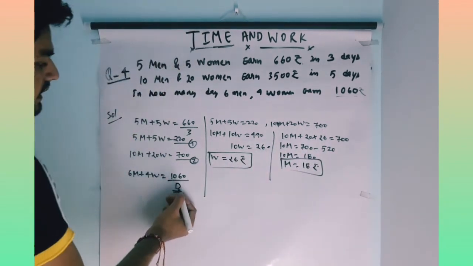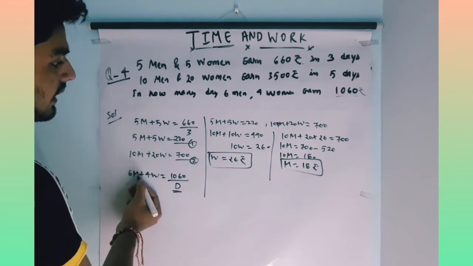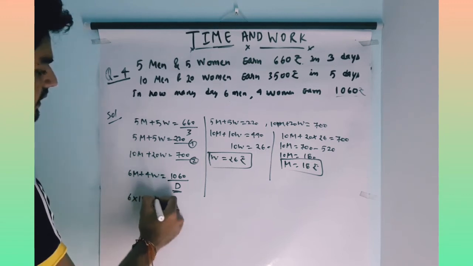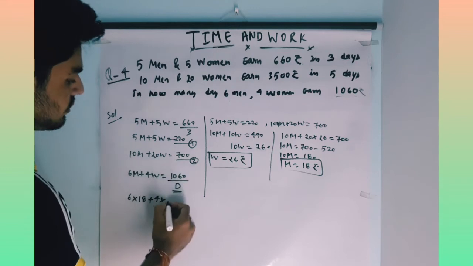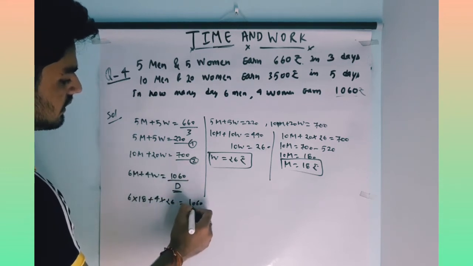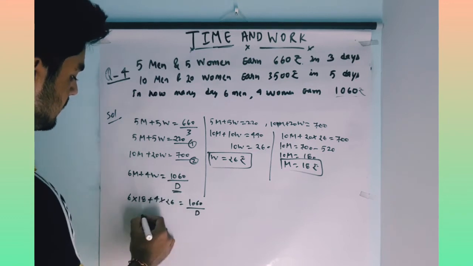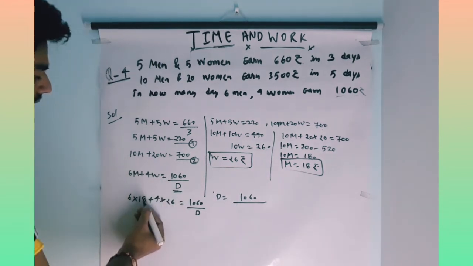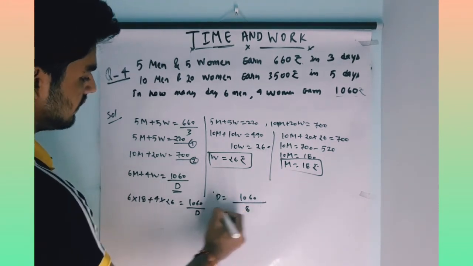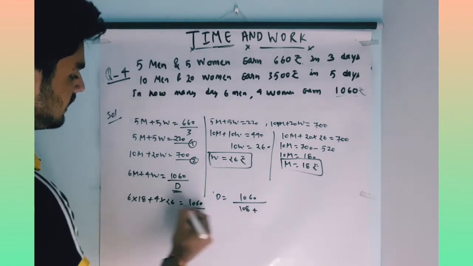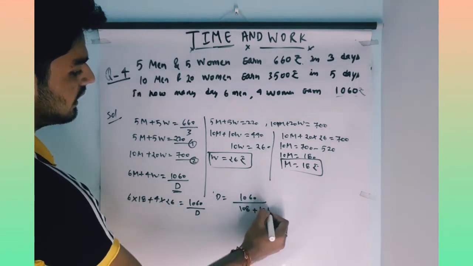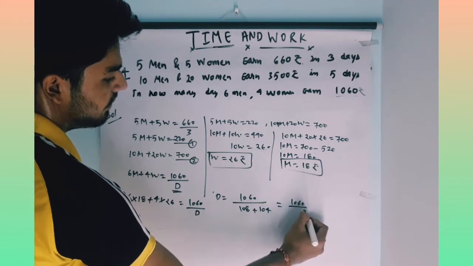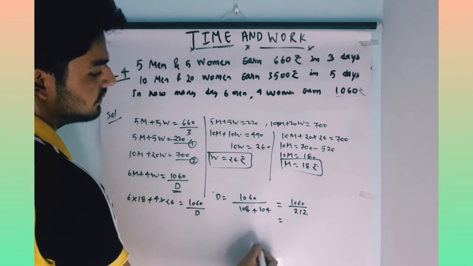Now we have to calculate this D. Now we have the value of M as 18. So 6 multiplied by 18 plus 4 multiplied by W, which is 26, is equal to 1060 divided by D. Now on solving, we get D is equal to 1060 divided by 18 into 6, which is 108, plus 26 into 4, which is 104. This gives 1060 divided by 212.